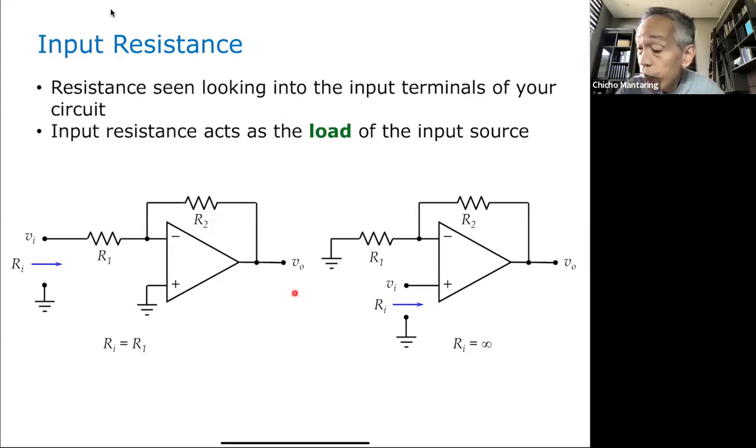Samantalang dito, if I take a look at my input resistance, I have a virtual short, a virtual ground here. So this is a virtual short. So what resistance do I see? Ang nakikita kong resistance is just equal to R1. That is my input resistance here.